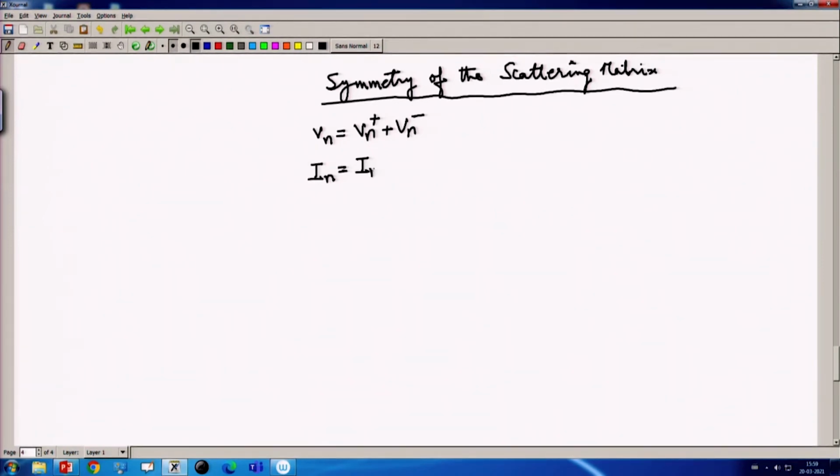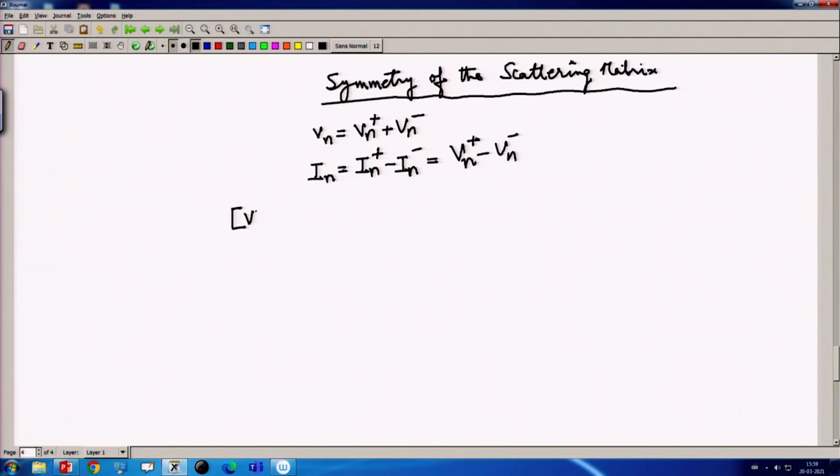My total current wave is I n plus and I n minus, that is equal to V n plus minus V n minus, because we are dealing with a normalized system as previously.